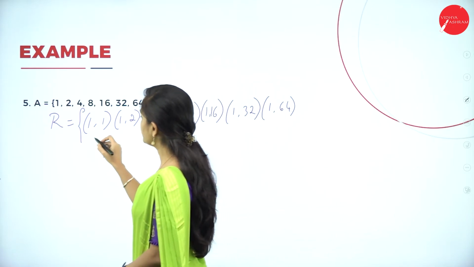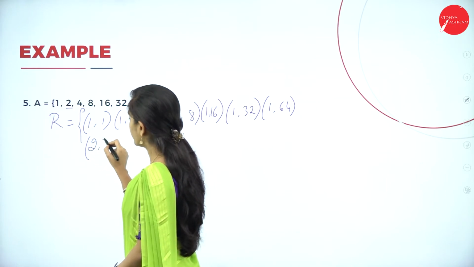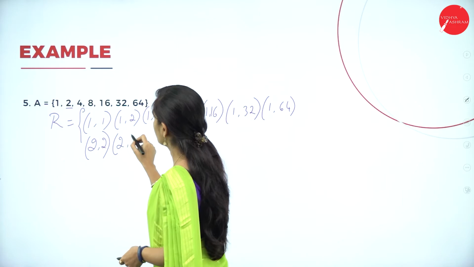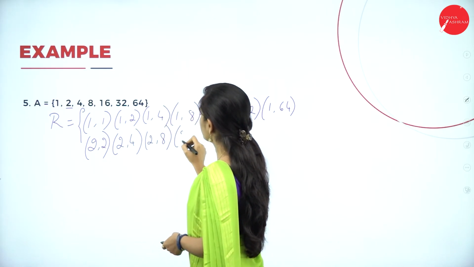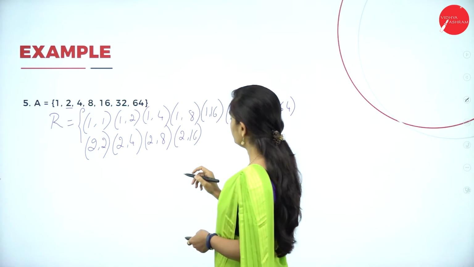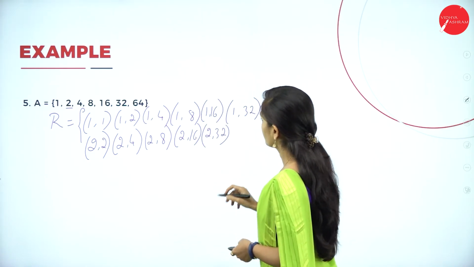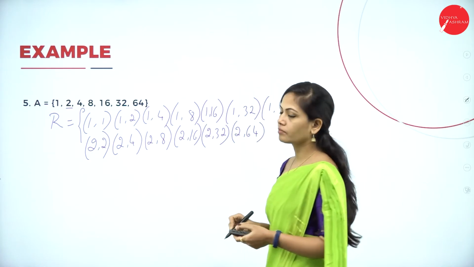And the next element is 2. 2 can divide 2, 4, 8, 16, 32 and 2 can divide 64.